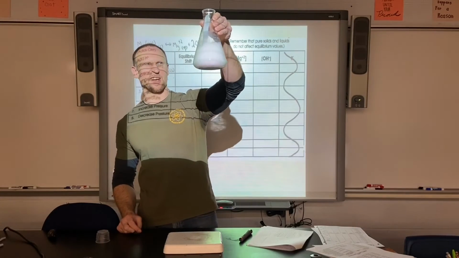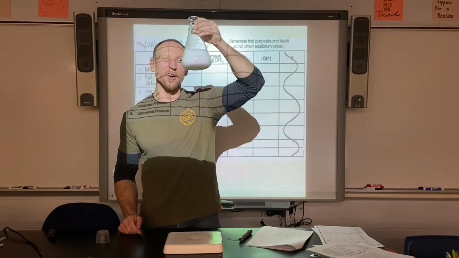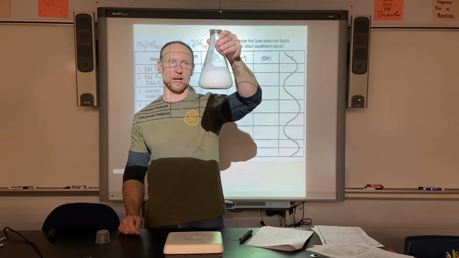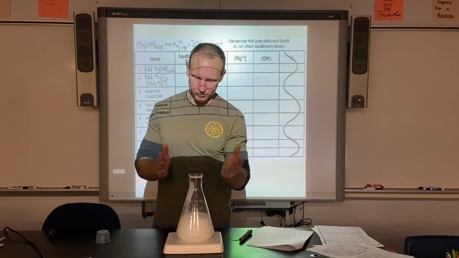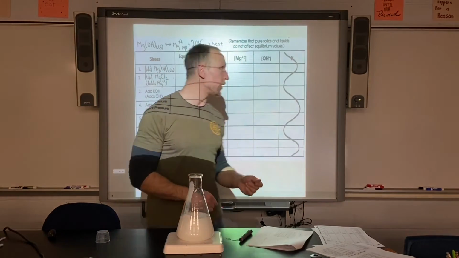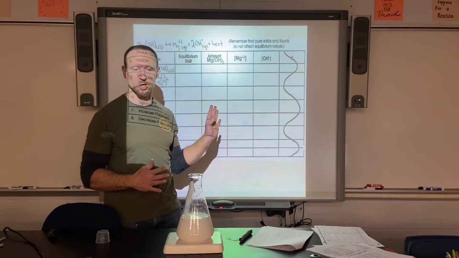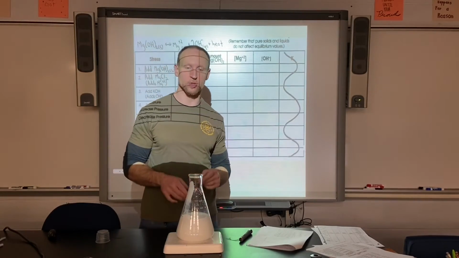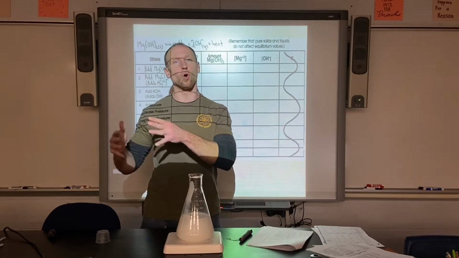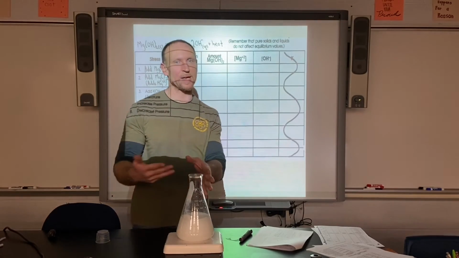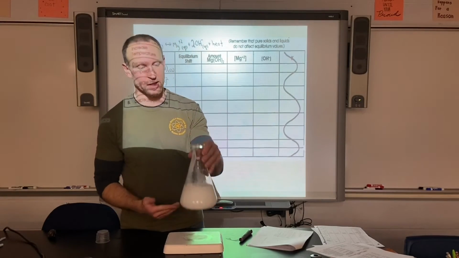See? Made cloudy substance. So it's a lot of stuff in suspension here. It looks kind of like milk. So it's not very soluble. But I'm going to use Le Chatelier's to force this substance to become more soluble. So right now it's insoluble, which really means it's a low solubility.